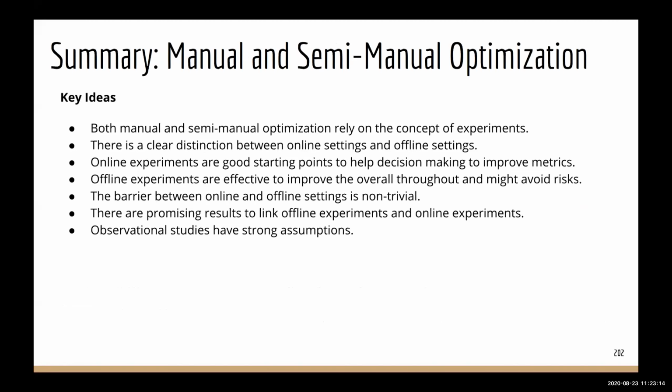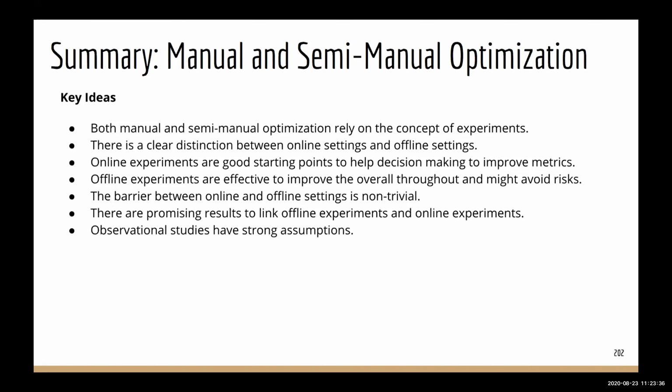Okay, so quick summary. For the manual and semi-manual optimization, this is really the main camp of how we optimize metrics. It is really about utilizing both online and offline experiments, right? Online experiments, A/B testing, everyone understands it, but it also has challenges to understand the details and also get it right.